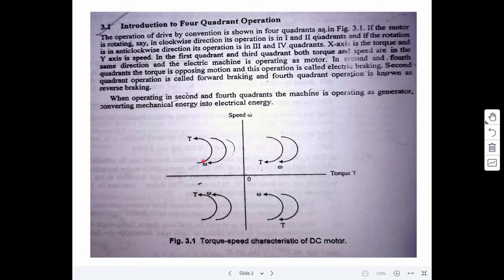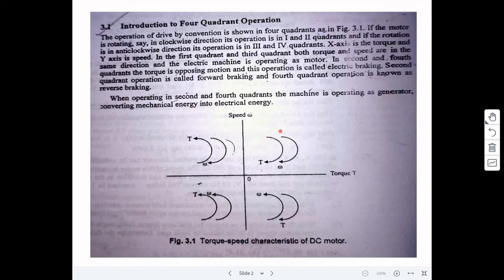Here torque is in the clockwise direction and speed is in the anti-clockwise direction, and in the other, torque is anti-clockwise and speed is clockwise. So these two we call braking modes. Now here, both are in the same direction, and this is a forward operation.